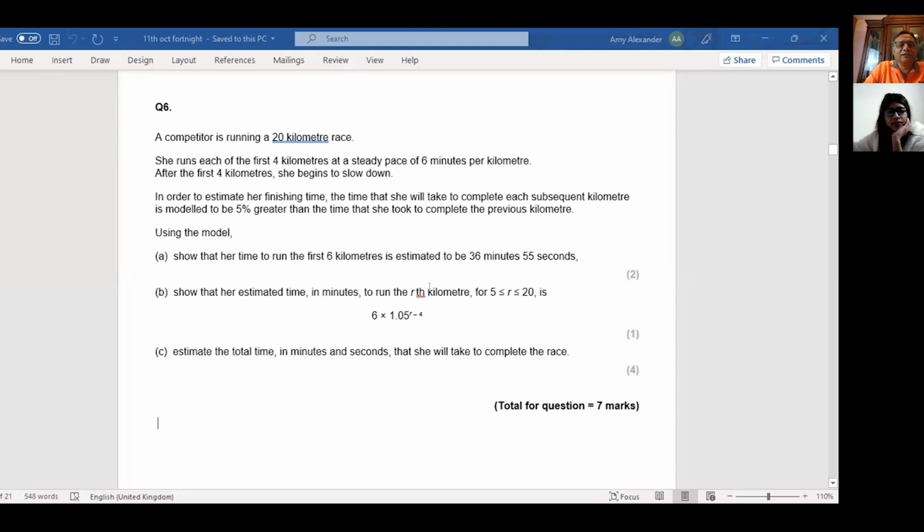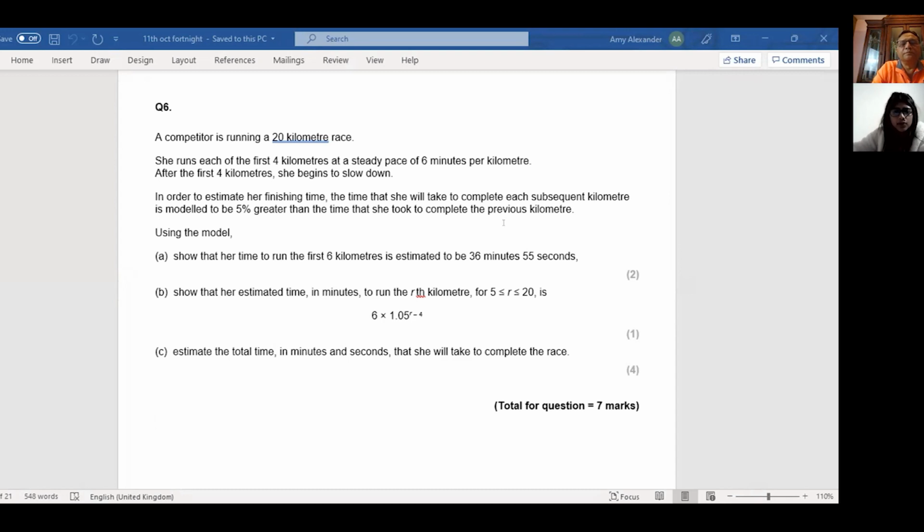Okay, so question 6. Can you please read the question? Yeah, so a competitor is running a 20-kilometer race. She runs each of the first 4 kilometers at a steady pace of 6 minutes per kilometer. After the first 4, she begins to slow down.